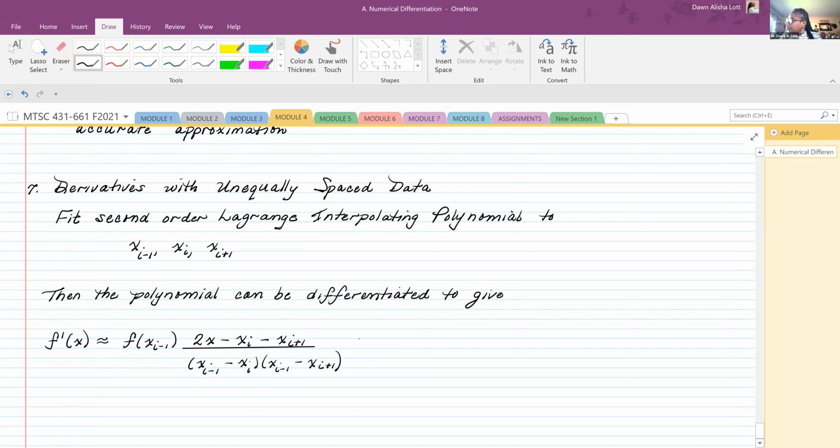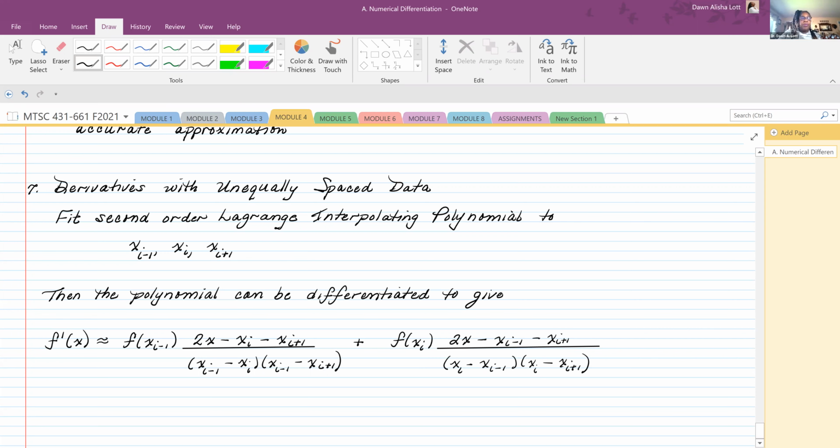So that's the first term. And then the second term is f of x i, and then it is times 2x minus x i minus 1 minus x i plus 1, over x i minus x i minus 1 times x i minus x i plus 1.